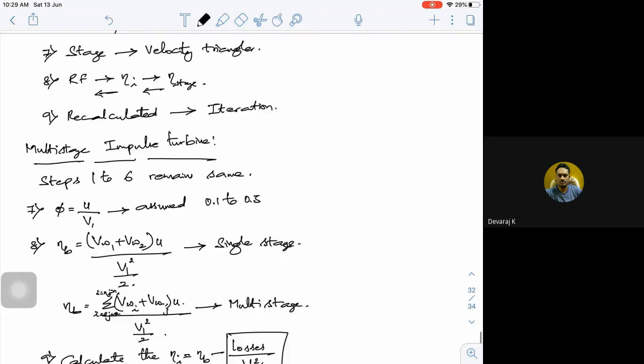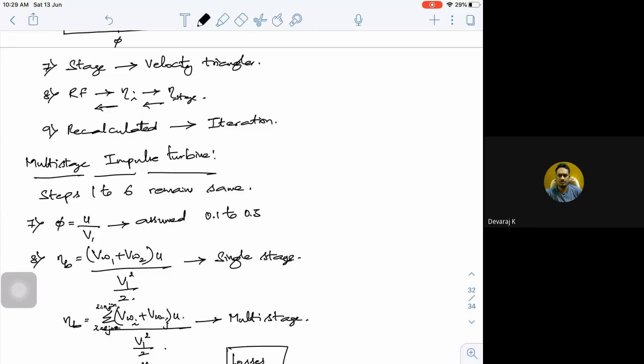Now, once you have this, the next set of procedure is you will be getting what is called the stage efficiency. The remaining procedure remains the same. That is, go back and draw the velocity triangles. So multi-stage, 3 stages means I will be having 3 sets of velocity triangles.